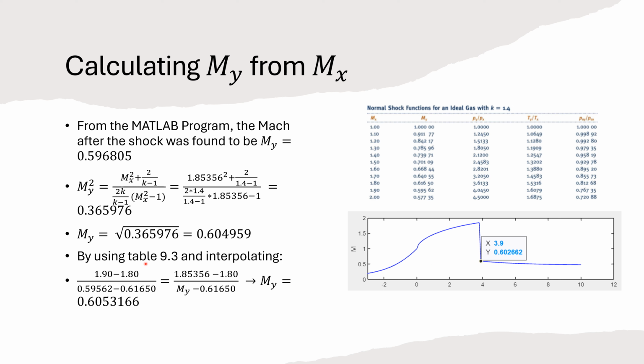Solving this equation, we get 0.6053, which is very similar to what we found numerically through the equation, and this matches up almost exactly with what was produced from the MATLAB analysis or simulation, if you will.